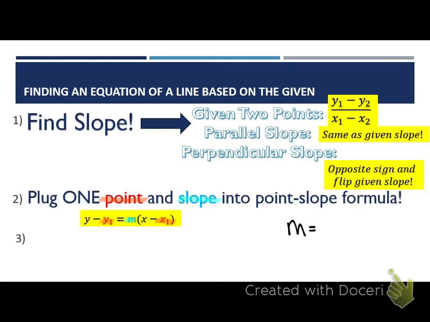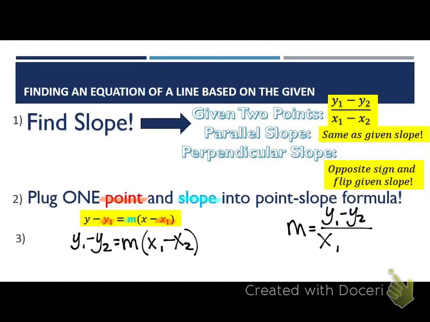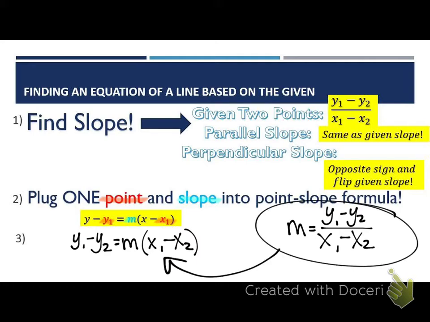So the actual formula is y1 minus y2 equals m times x1 minus x2. This should look pretty familiar, right? What was the slope formula in the beginning? It's on the page. The slope formula? It's y1 minus y2 over x1 minus x2. So if you see, they took this formula and they rearranged it.